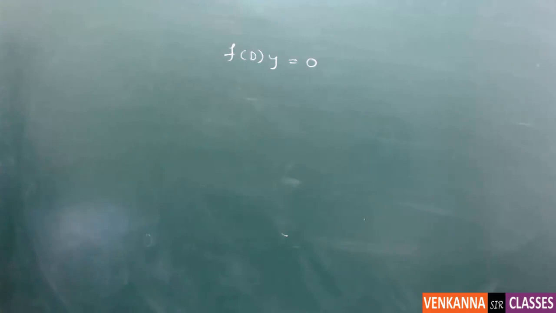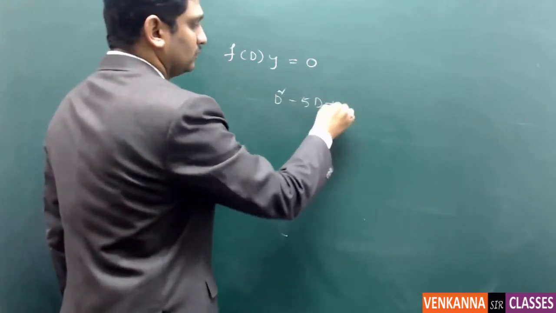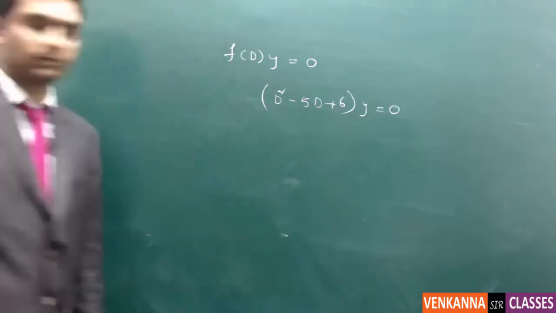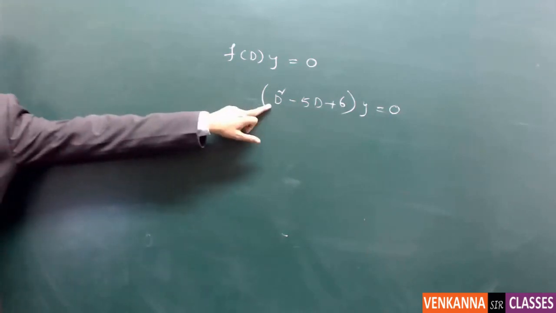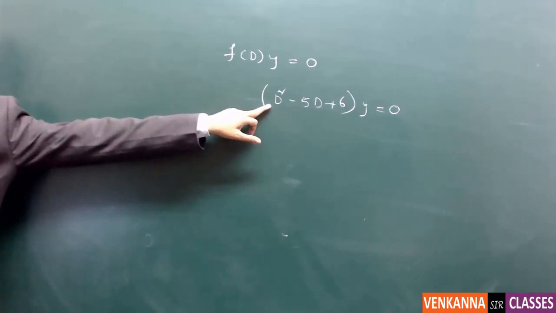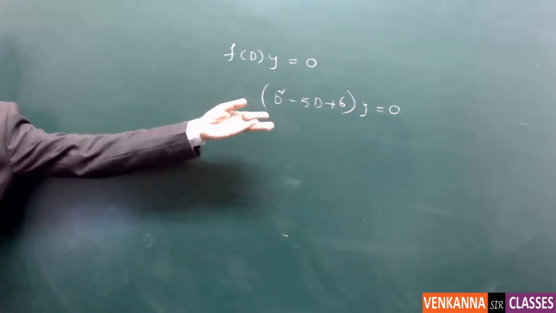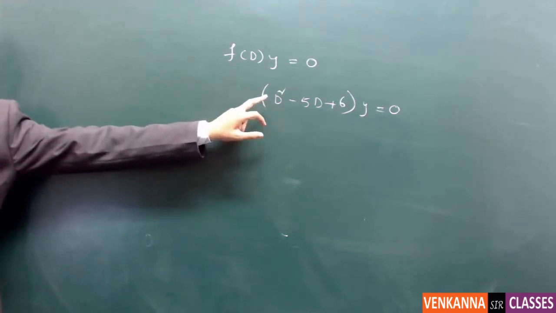For convenience, let us take the simple one. How to write its solution is: for this function f of D, we write it as a polynomial equation, nothing but an algebraic equation, and we will find its roots.